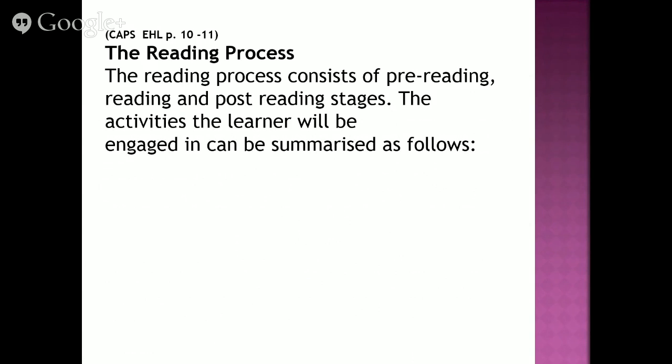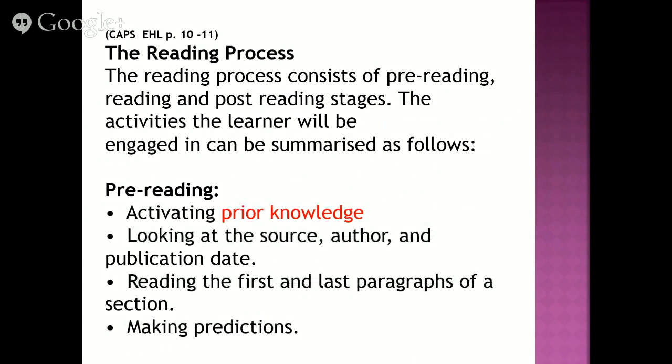The activities that you need to draw up for each of these stages include, for pre-reading, the following. It's not an exhaustive list. These are some of the activities that you can plan around doing pre-reading tasks.